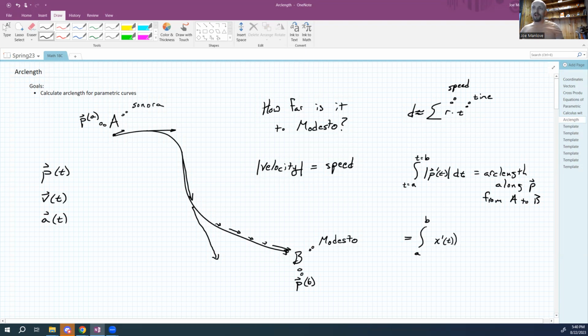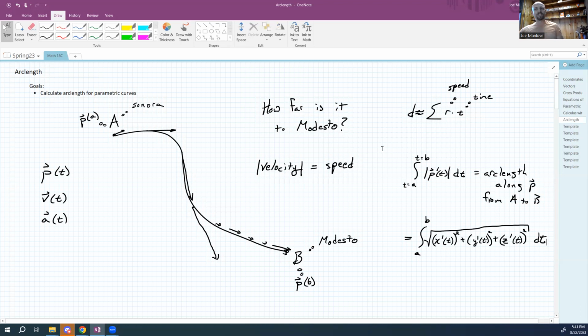So I'm going to have X prime of t squared plus Y prime of t squared plus Z prime of t squared. And then all this junk needs to be underneath a square root. And then I need a dt at the end. So this gets kind of gross looking. And these integrals don't tend to be very easy. I'm hoping you're looking at this and thinking, man, those are going to be some crummy integrals. They're going to be hella tough.